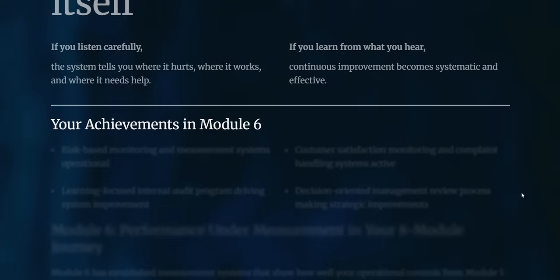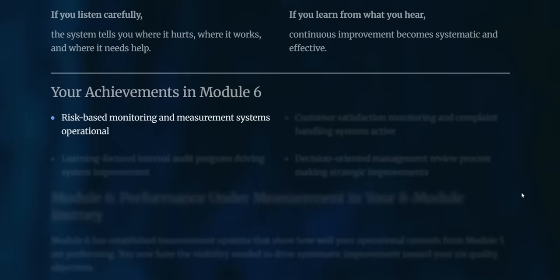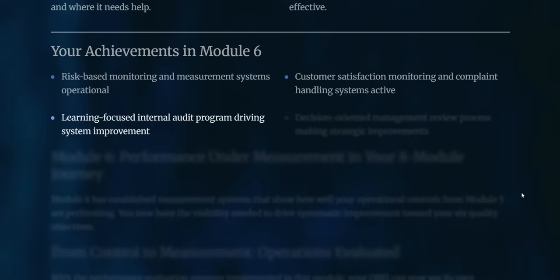Your achievements in Module 6 include a risk-based monitoring and measurement system operational, a customer satisfaction monitoring and complaints handling system active, a learning focused internal audit program driving system improvement, and a decision oriented management review process making strategic improvement.